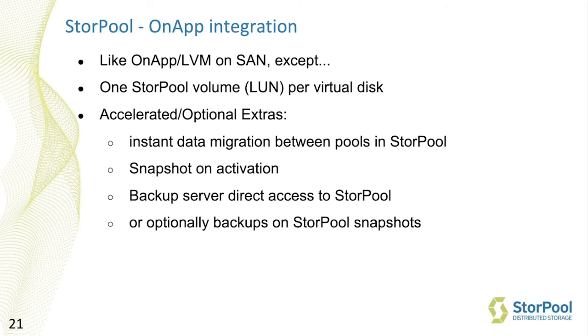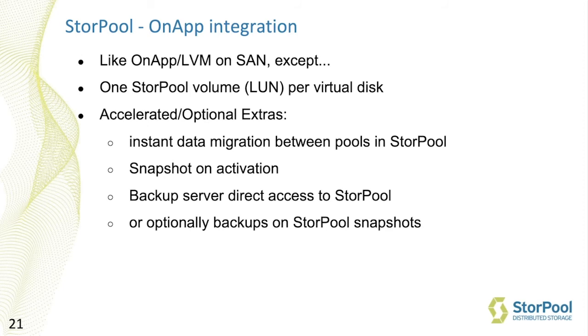We have the ability of connecting an OnApp backup server directly to the StorPool storage system. In this way you remove the hypervisors from the backup function in OnApp, meaning reading the data for the backup doesn't need to be routed through the hypervisor, and this frees up some resources on the hypervisors.